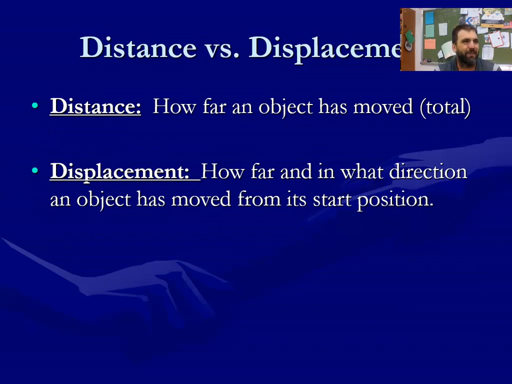What was his displacement? Close. 6 is the right number. Negative 6, because forward is positive, correct? Negative is backwards. So his displacement would have been negative 6.